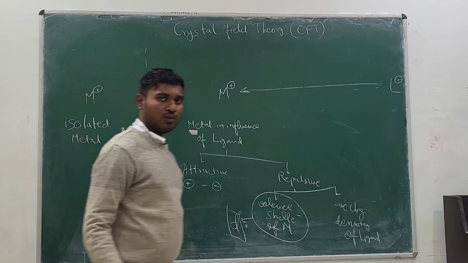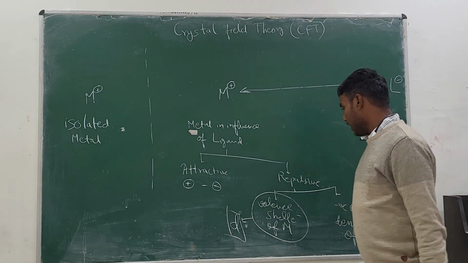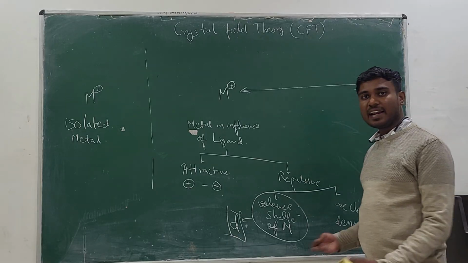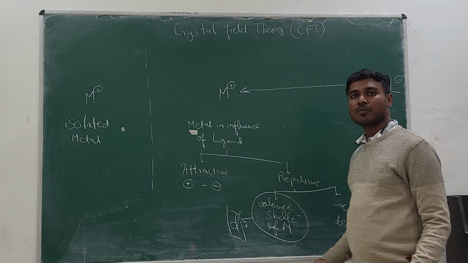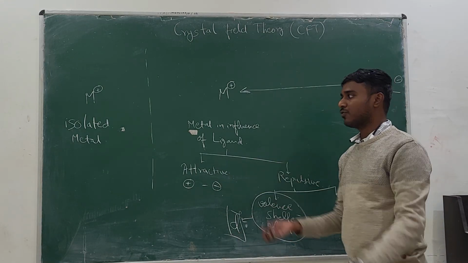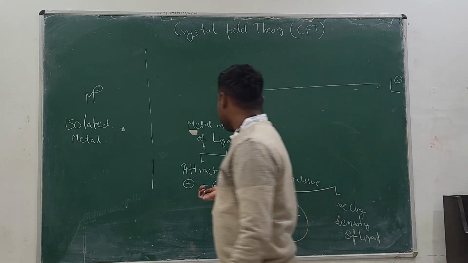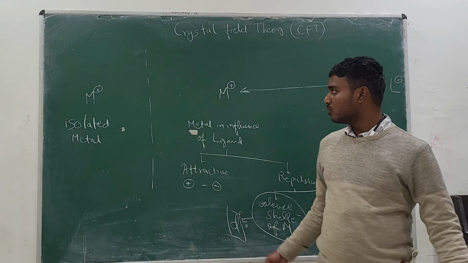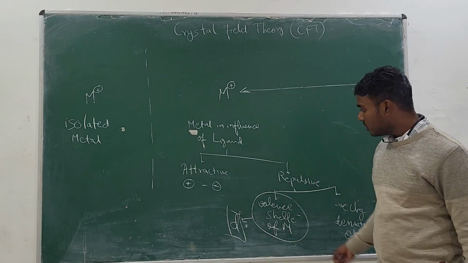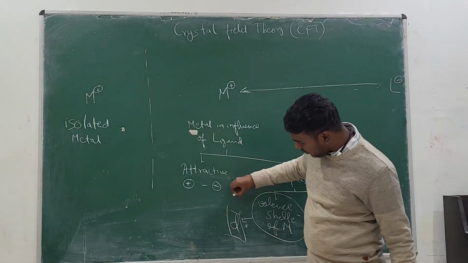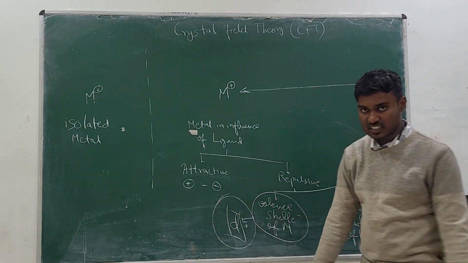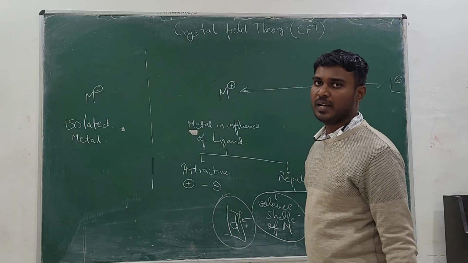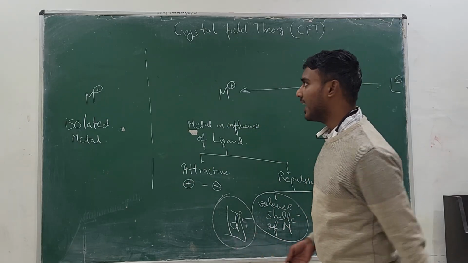Now we will see how these repulsive forces direct our octahedral and tetrahedral complex formation. I hope this is clear now, and let's see how there are different types of d orbitals and how they are arranged in 3D space, so that we can get the idea of the crystal field splitting caused due to the approaching ligand.